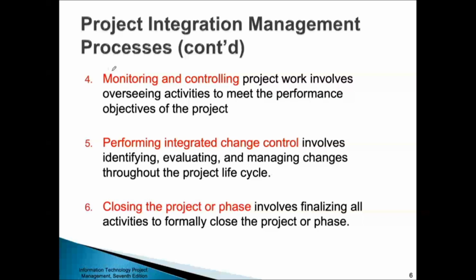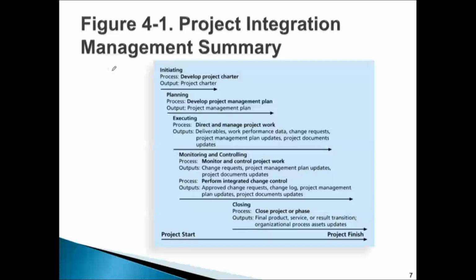Okay, so this is briefly what these 6 processes are. And this diagram here shows all these processes. You can see here, this is the first one, process number 1. This is 2, 3, 4, 5, 6.